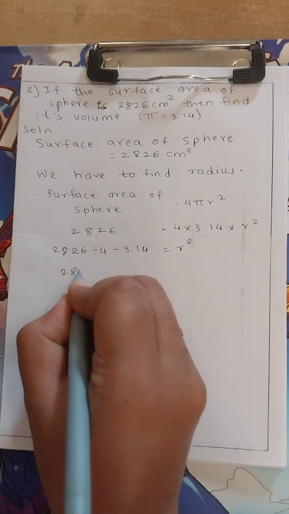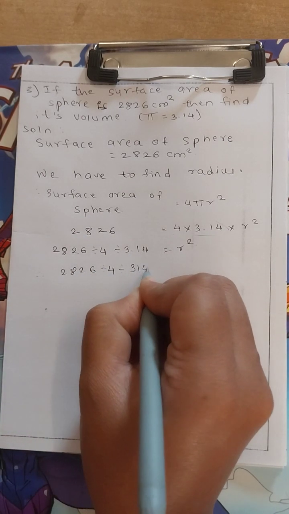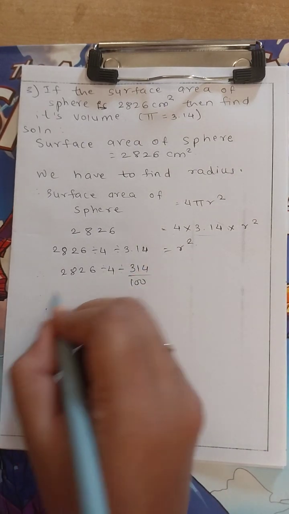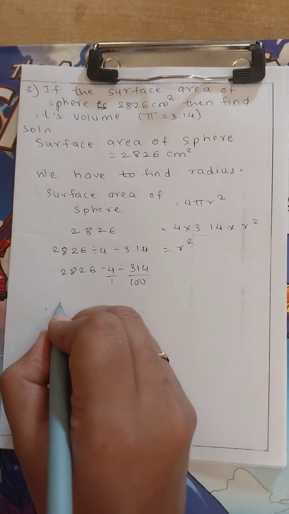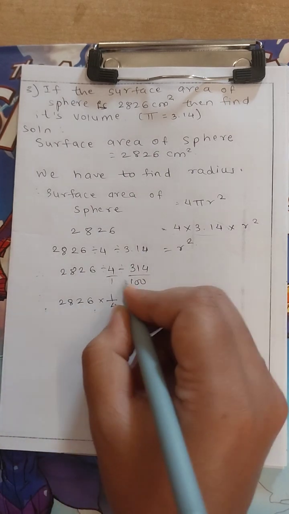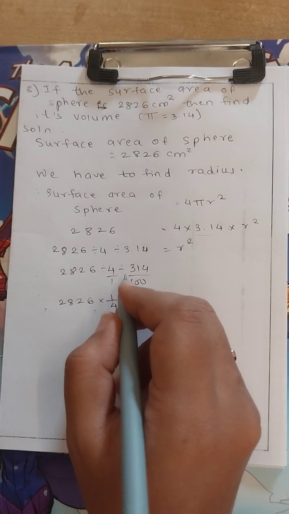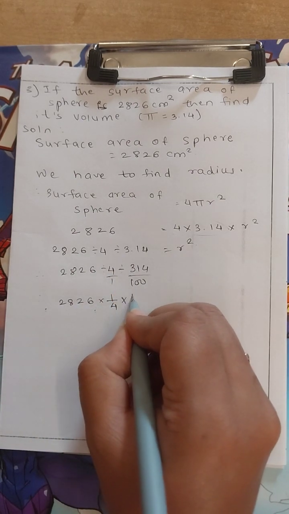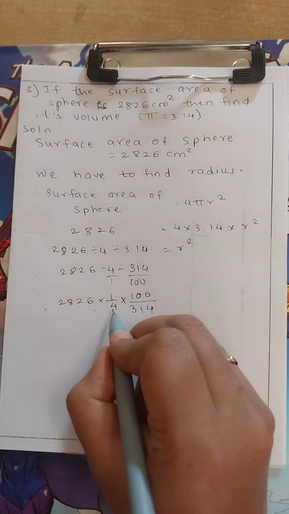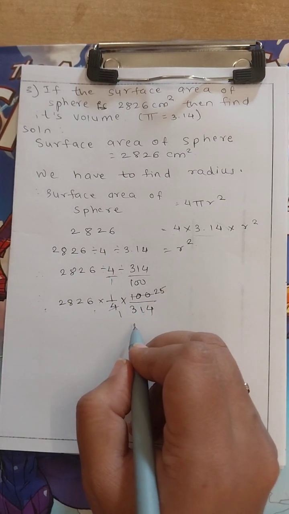Therefore, 2826 divided by 4 divided by 314 upon 100. We removed the point. Here there is nothing but 1. 2826 into 1 upon 4, the reciprocal of that fraction, because division of fractions does not happen directly. 100 upon 314. 4 into 25 is 100.